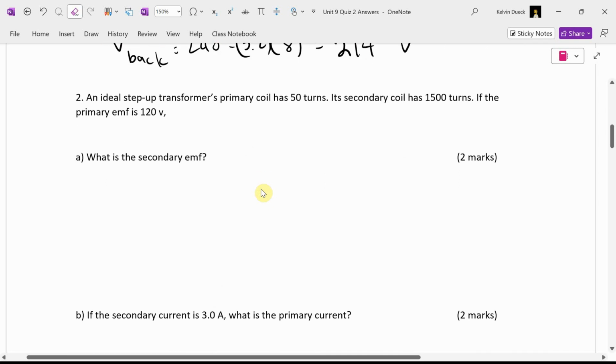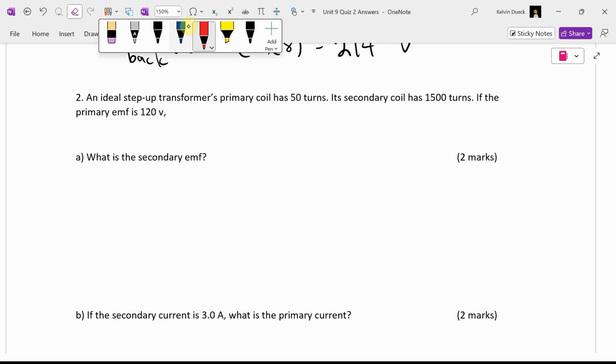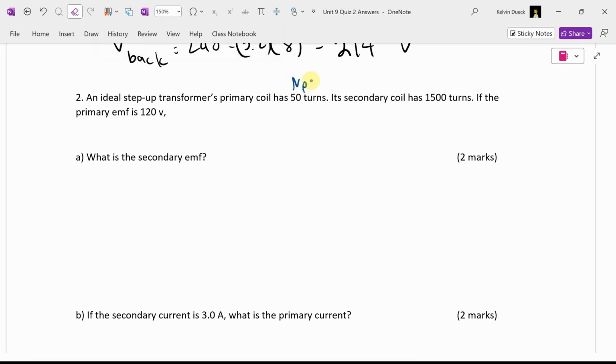An ideal step-up transformer's primary, okay, so here is N primary, here is N secondary, here is V primary. They want V secondary. So N primary over N secondary equals V primary over V secondary.